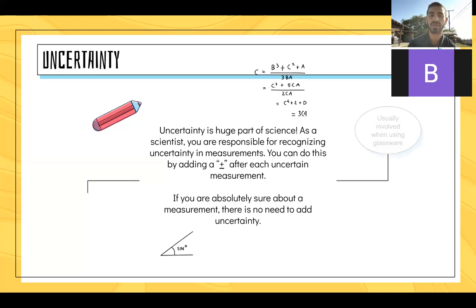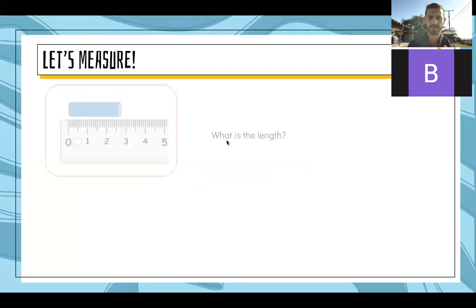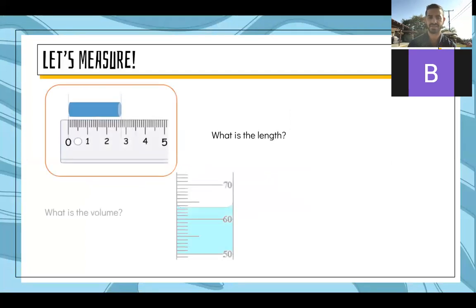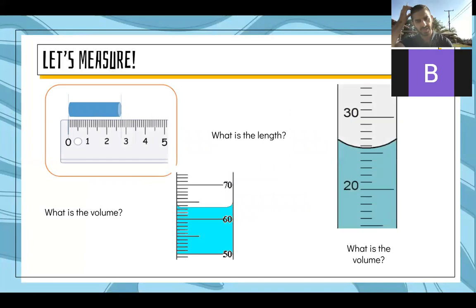So again, we're going to look at this beaker in a second, once I pull it up. We're going to look at lengths and volume and then identify the uncertainty that we see.